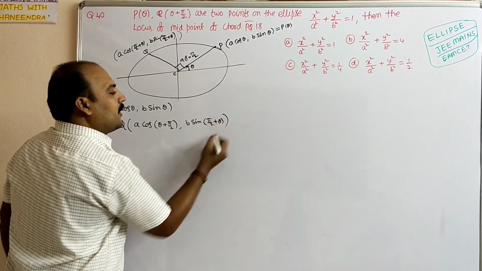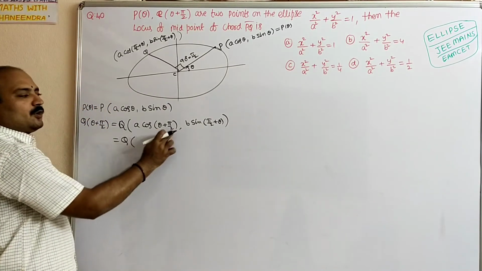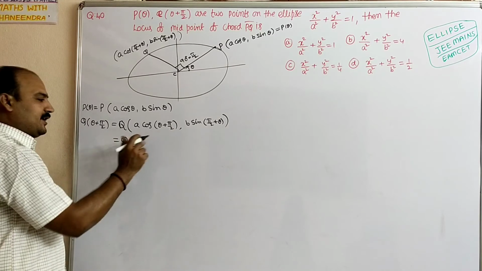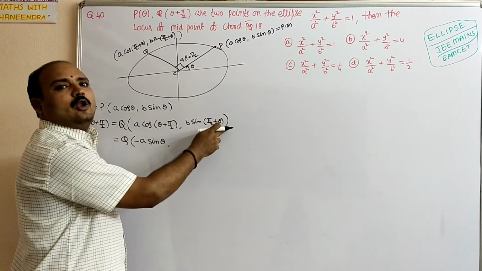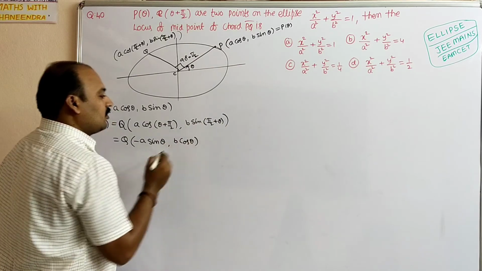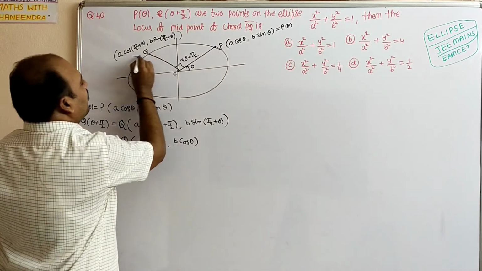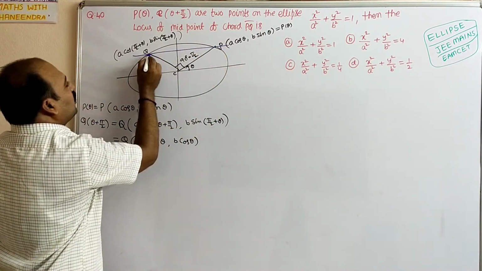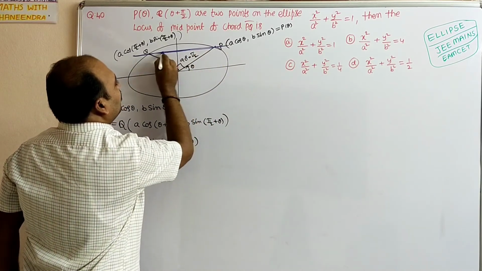So it becomes Q of a cos of pi by 2 plus theta, which is minus sin theta, so minus a sin theta, and sin of pi by 2 plus theta is cos theta, so b into cos theta. This PQ is the chord.